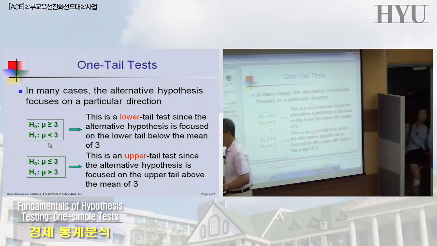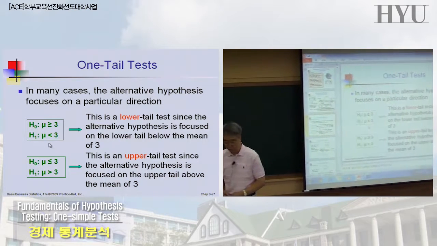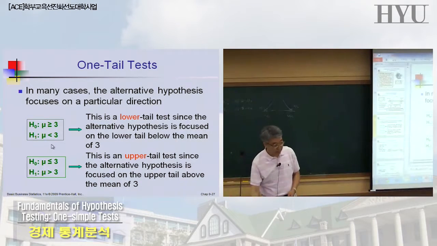But if you have sufficient evidence to reject the null hypothesis, then that's the same thing as you can accept the alternative hypothesis, right? Well, in this case, this is called the upper tail test, because your alternative hypothesis, this is lower tail test, because the alternative hypothesis claims this population mean is less than a certain number, right?